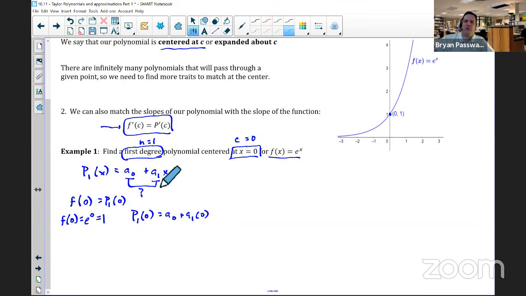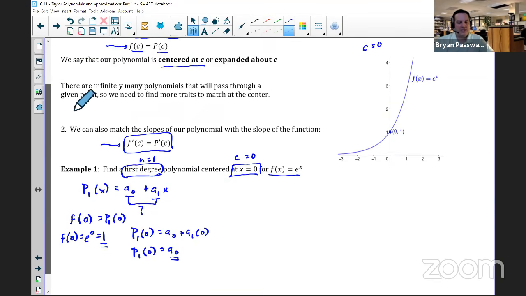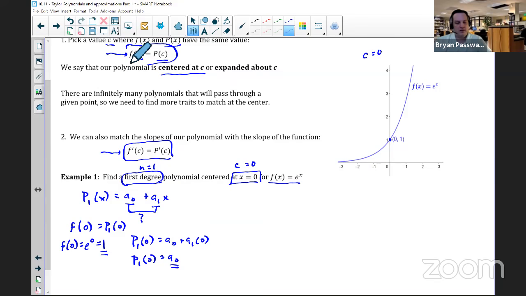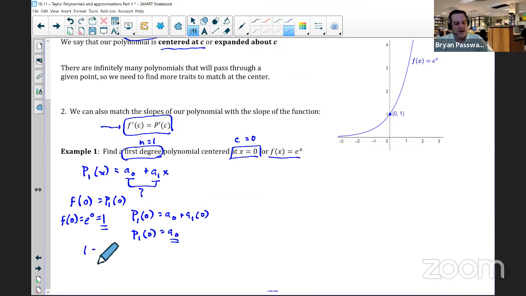So they're telling us if you plug in 0 to both equations, you should get the same answer. If I plug in 0 to p sub 1, I get just a sub 0, which means this answer and this answer are supposed to match up, right? That was one of our first requirements, that we have to clone and make sure they match up. And so that tells me that a sub 0 then is 1. Perfect. We already figured out one of our answers.